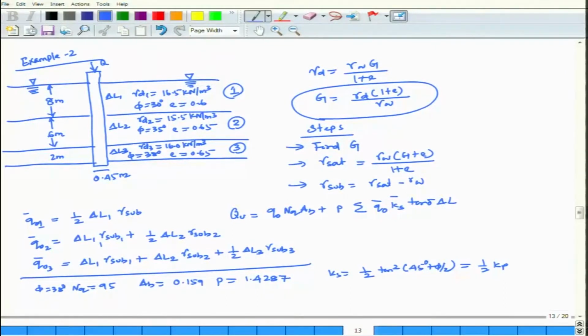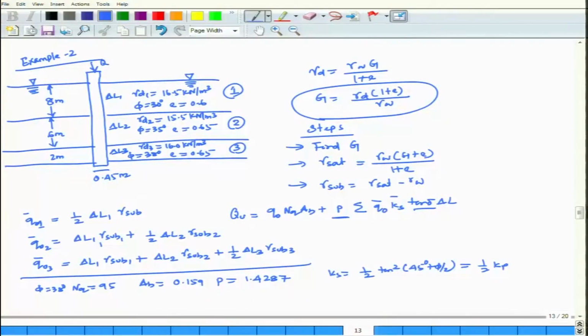Then Qu is equal to Q0 NQ AB plus P, P is your perimeter, summation of Q0 bar Ks bar tan delta delta L. Tan delta we have calculated. In every case delta is given, whether you can take it or you can find it out from there.